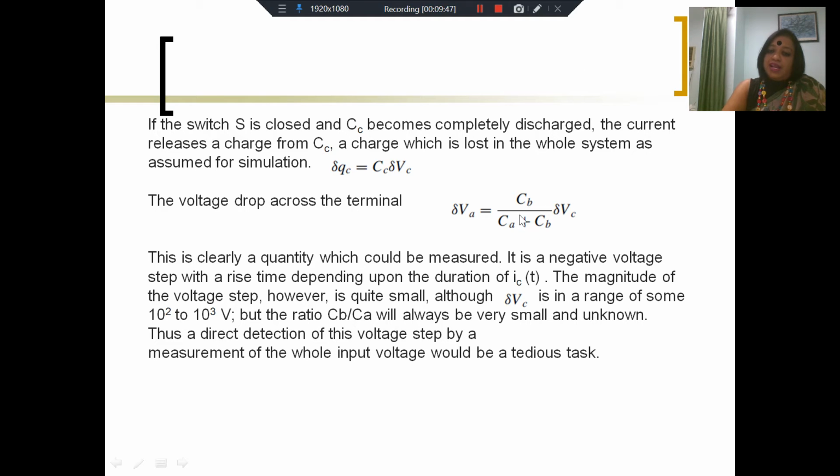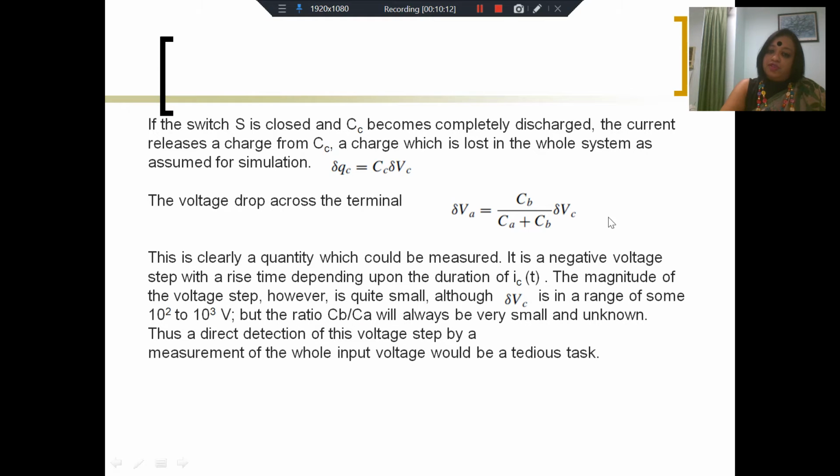However, even though delta VC is not very small, because of the ratio of CA and CB, remember CB is the entire dielectric material, and CA is that which is in series with the void. So because of the ratio of CB and CA, it is difficult. This will result in a very small potential drop across the supply voltage.